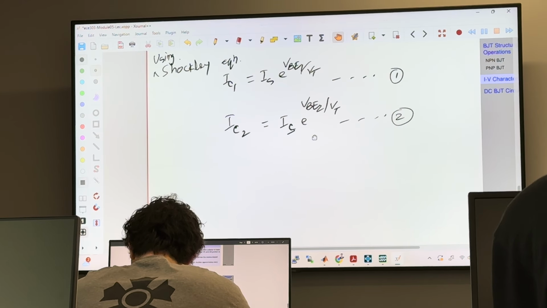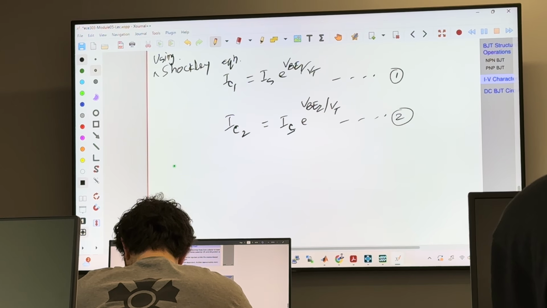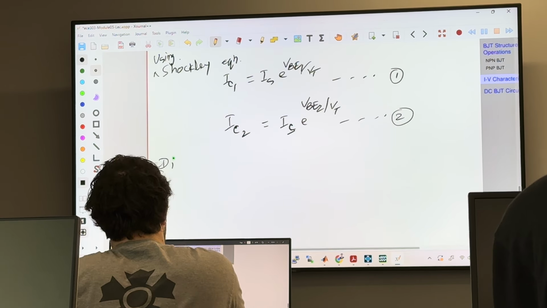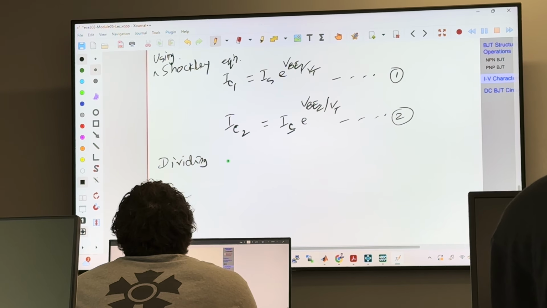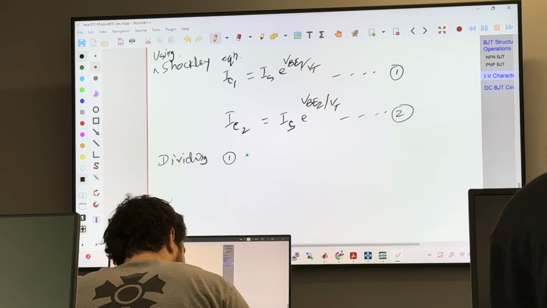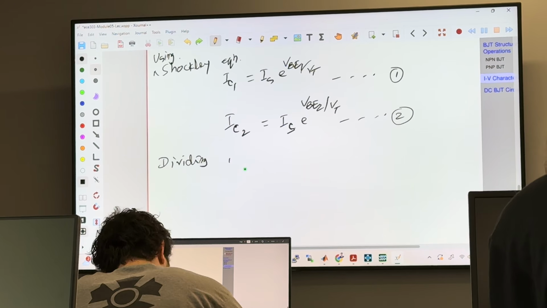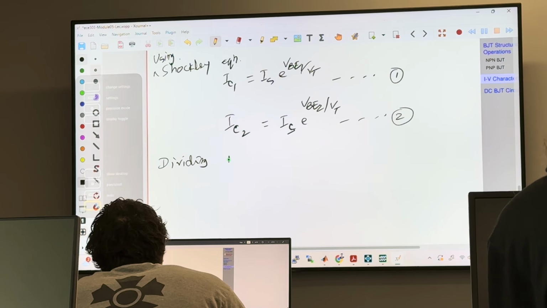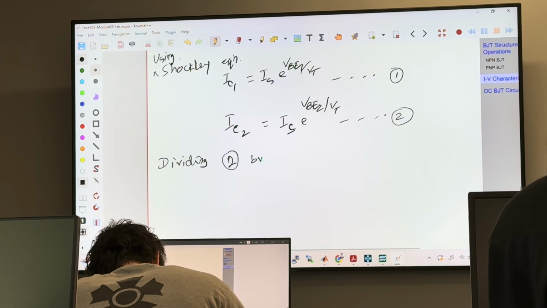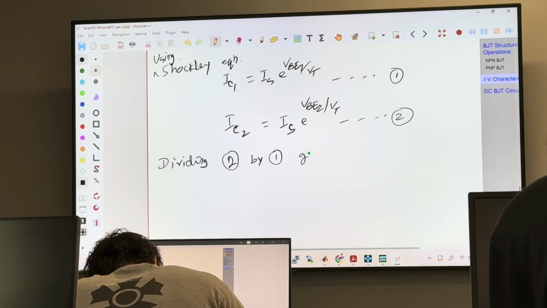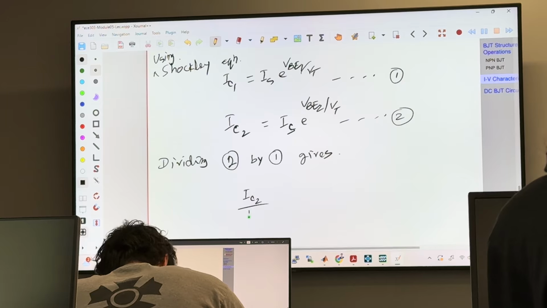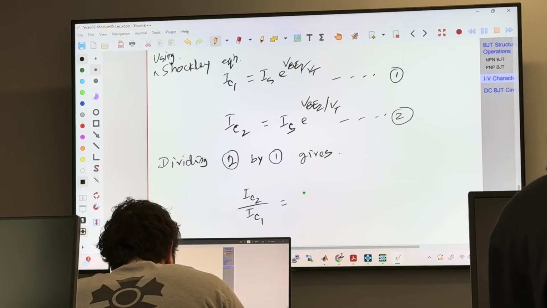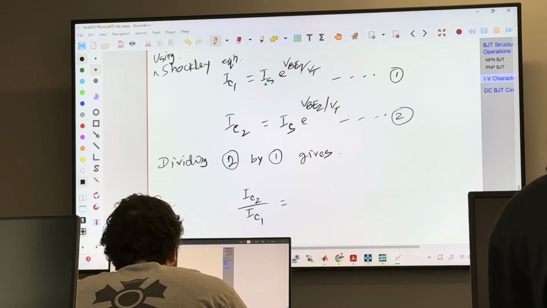Now we have these two equations. Dividing equation number 2 by 1 gives IC2 over IC1 equals what? IS disappeared.